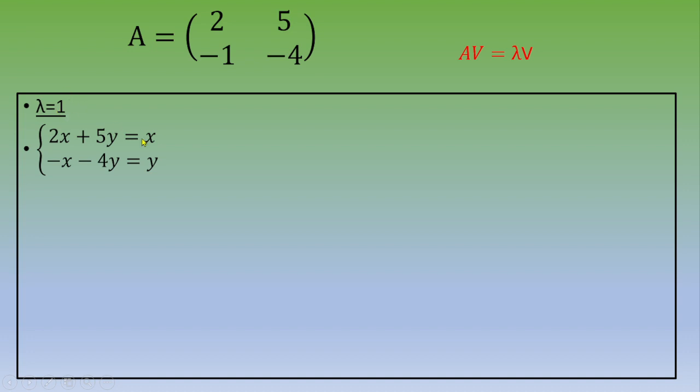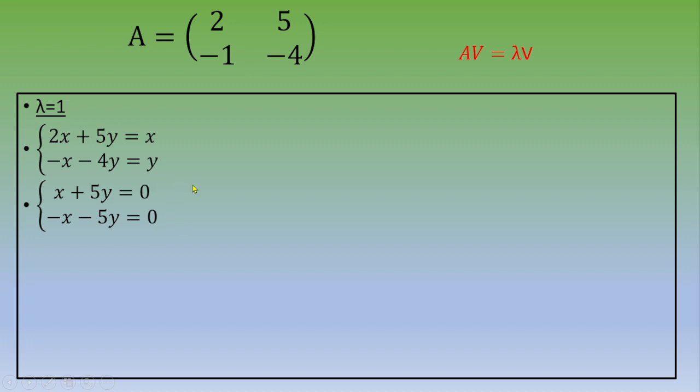This is 1. So now we would like to put on the same side of the equation all the terms in x and y. So we end up with x plus 5y equals 0 and negative x minus 5y equals 0. So this is pretty much the same equation.